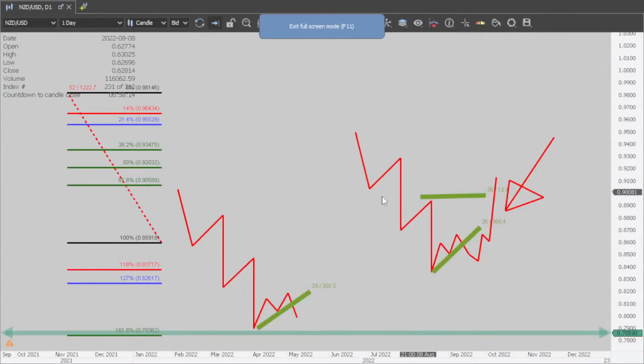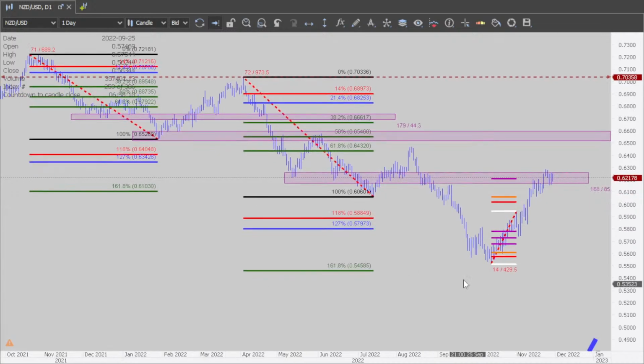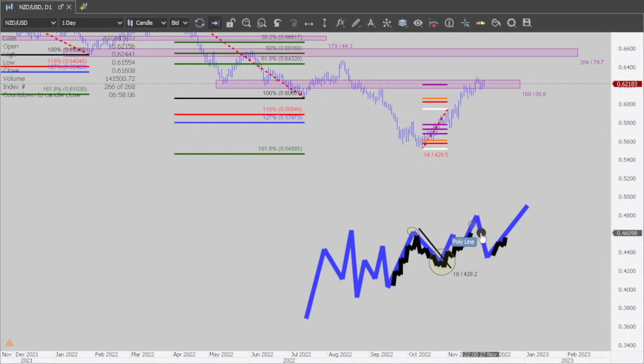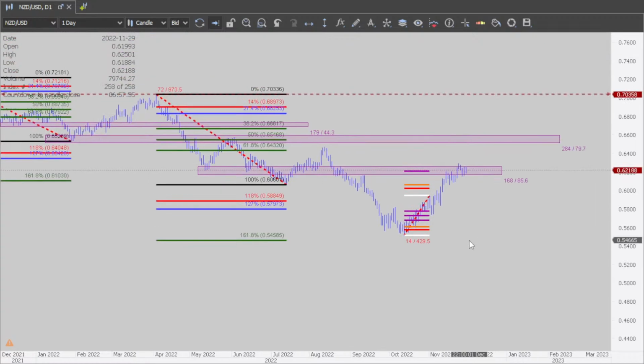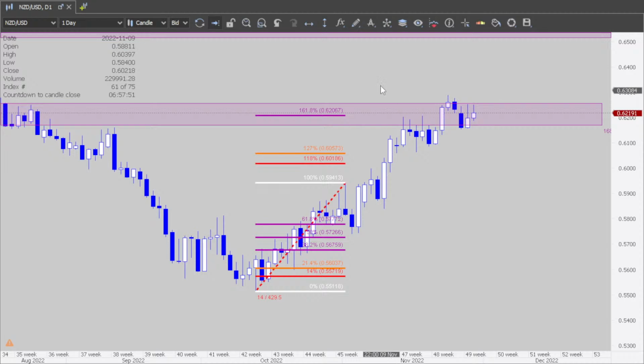Now, this is the NZD USD daily chart, everybody. Some of you are using the Fibonacci's, we've learned about the Fibonacci's. Some of you are not using the Fibonacci's, and we have a new contrarian Fibonacci in here, NZD USD.